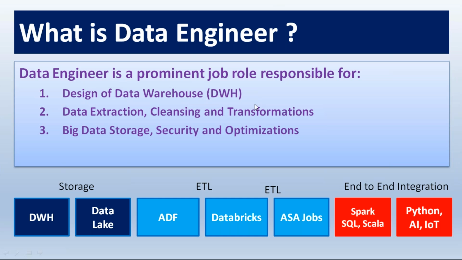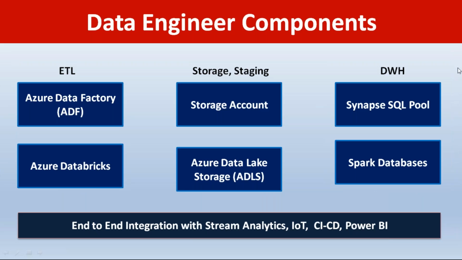Part of our classes. So in our data engineering environment, we have 3 different layers. We have ETL layer, storage and staging layer, and data warehouse layer. I said 2 ETLs, right? One is Microsoft Azure Data Factory, and the other one open source Databricks.